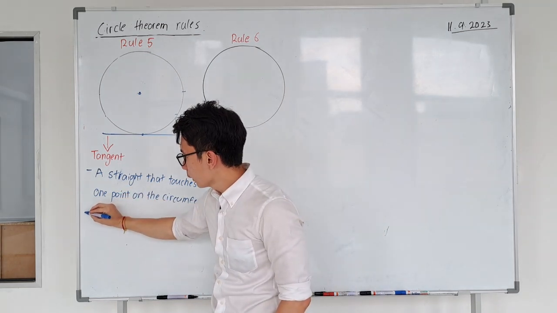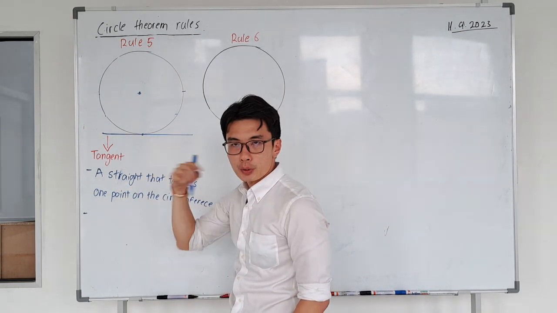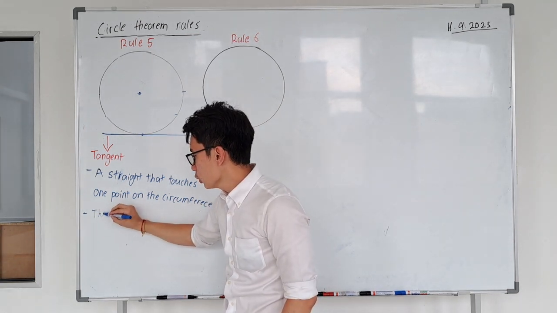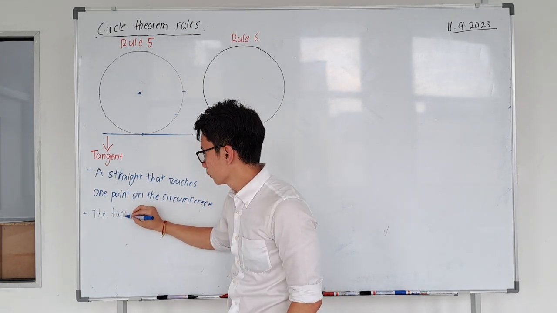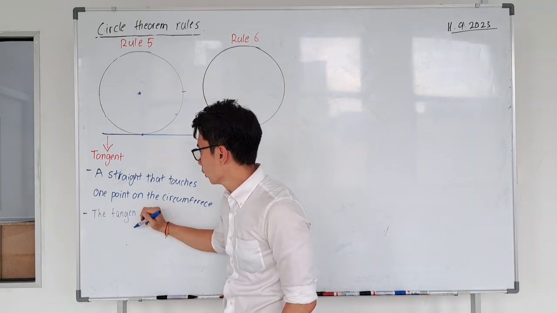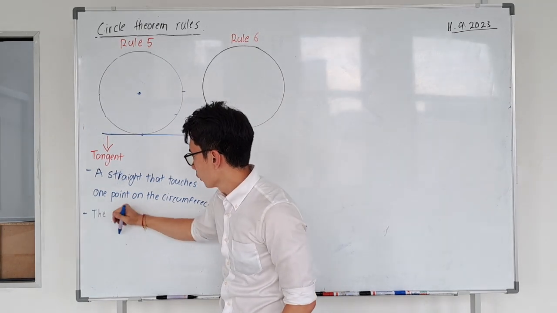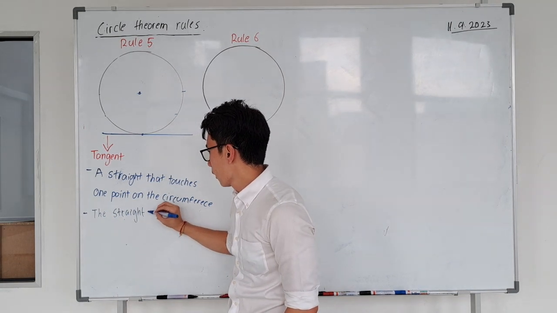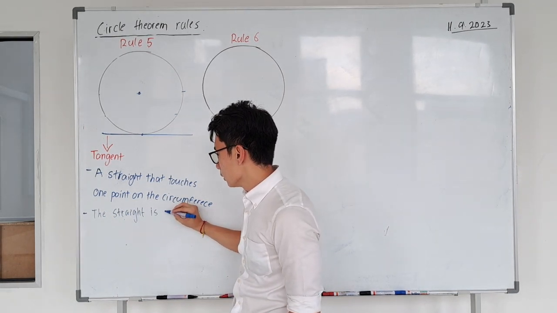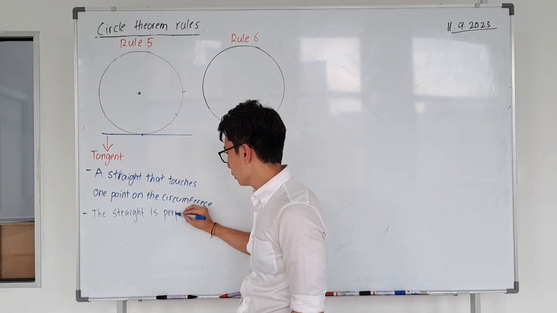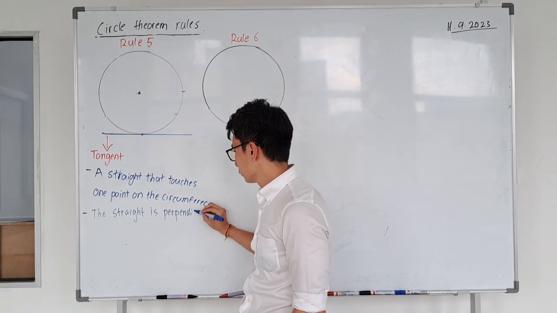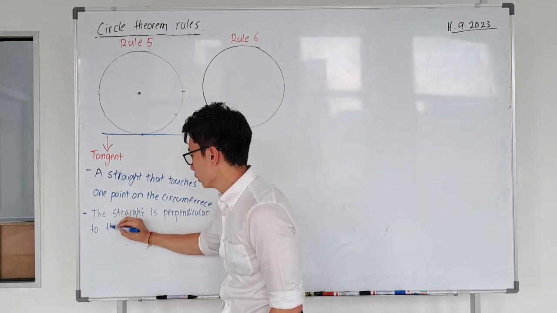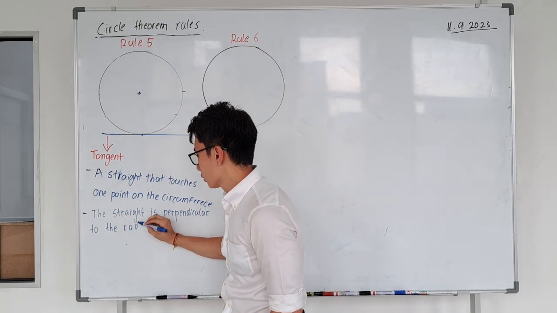The second part for a line to be a tangent: the straight line, the tangent, is perpendicular to the radius.